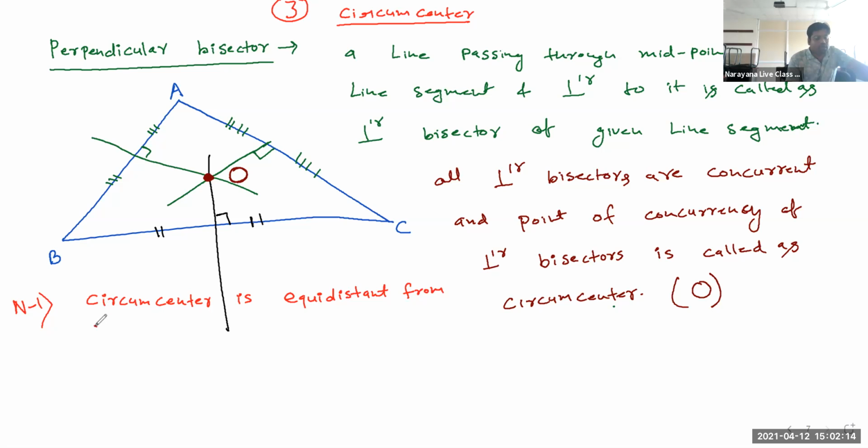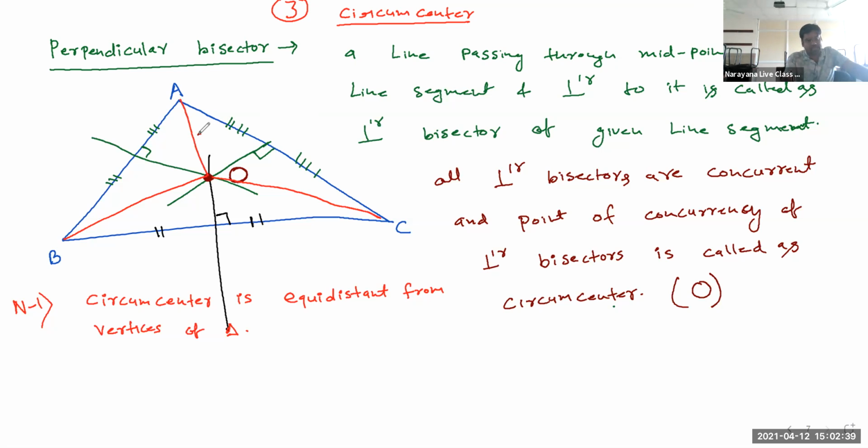from vertices of the triangle. So O is equidistant from the vertices of the triangle. So OA must be equal to OB and OC.